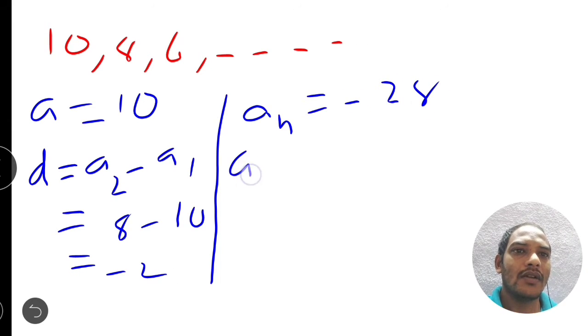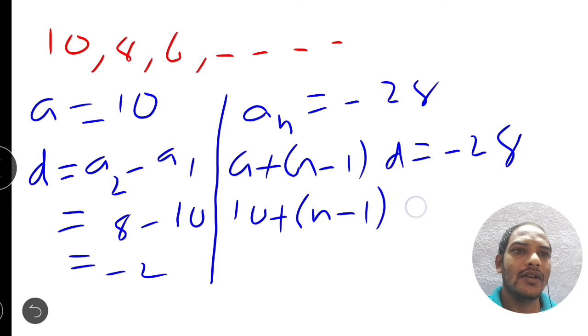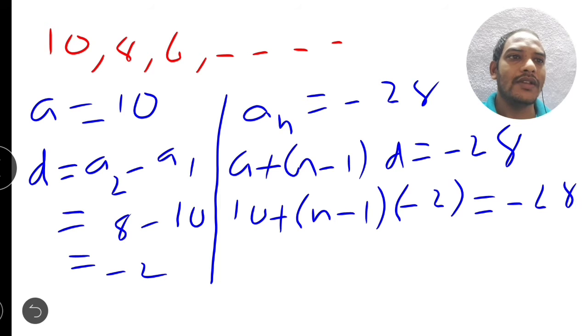So nth term formula A plus N minus 1 into D equals minus 28. So A value 10 plus N minus 1 into D, D value is minus 2, equals minus 28.